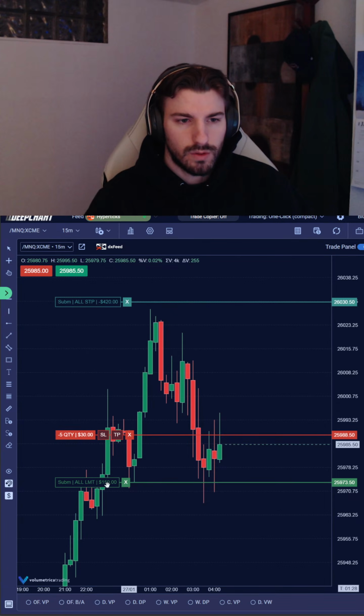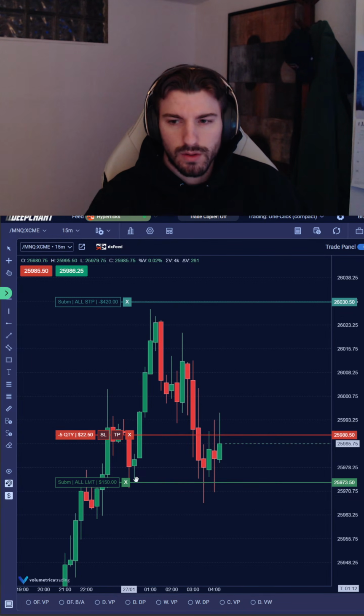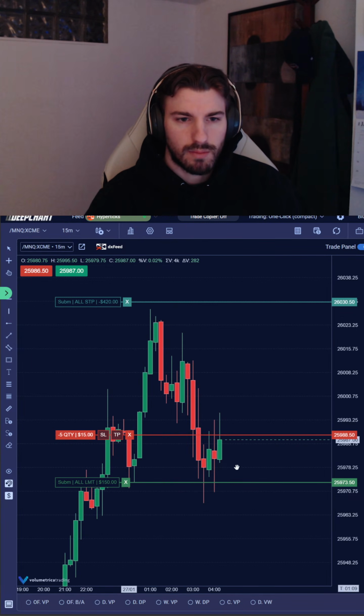The only thing I could do is bring TP a bit up because I'm going for more risk to reward today than usual. That's the only thing that changed: my risk to reward is at like 0.37 instead of 0.3.